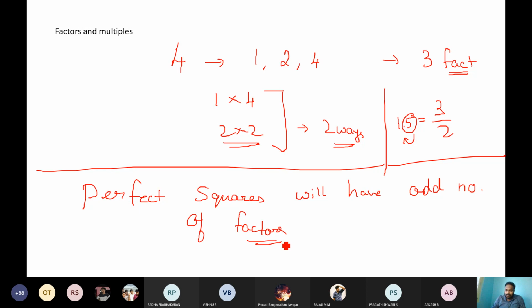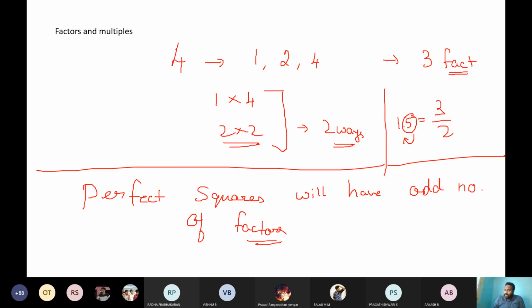Is that clear? Take any perfect square. Take 9: 1, 3, 9. 3 factors, an odd number. Take the number 16. What are the factors of 16? 1, 2, 4, 8, 16. So 5 factors. Again, an odd number.